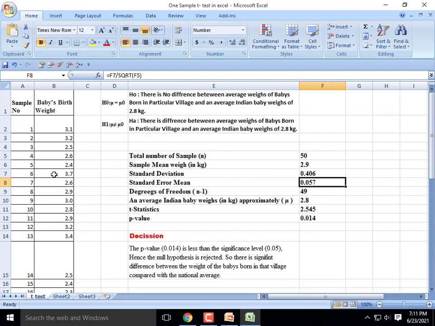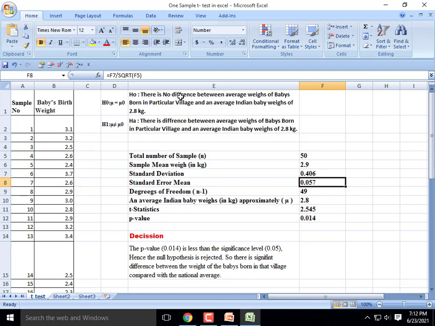So the null hypothesis is there is no difference between the average weight of babies born in a particular village and the average Indian baby weight of 2.8 kg, that is H0 is equal to mu minus mu 0. The alternative hypothesis is there is a difference between the average weight of babies born in the particular village and the average Indian baby weight of 2.8 kg.